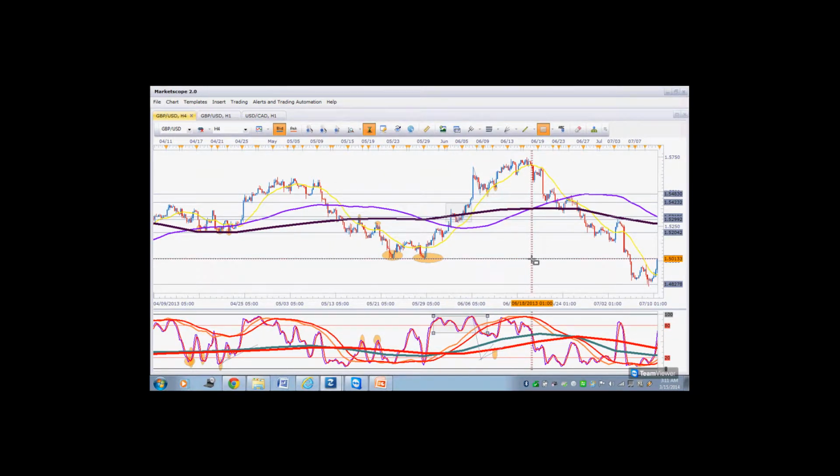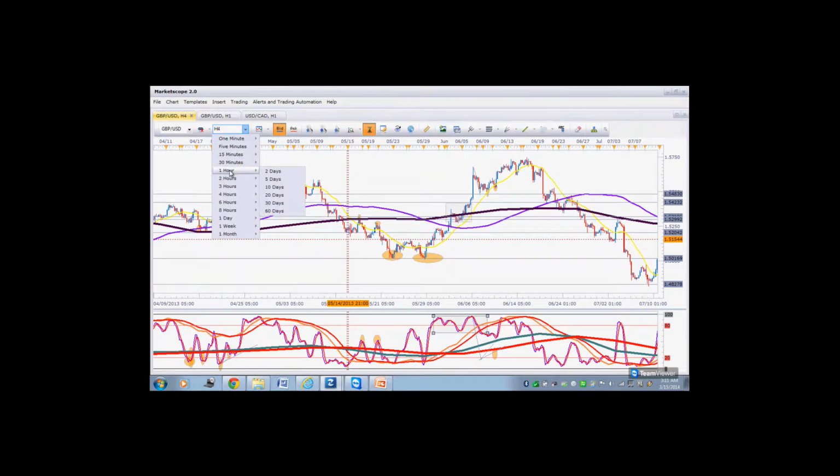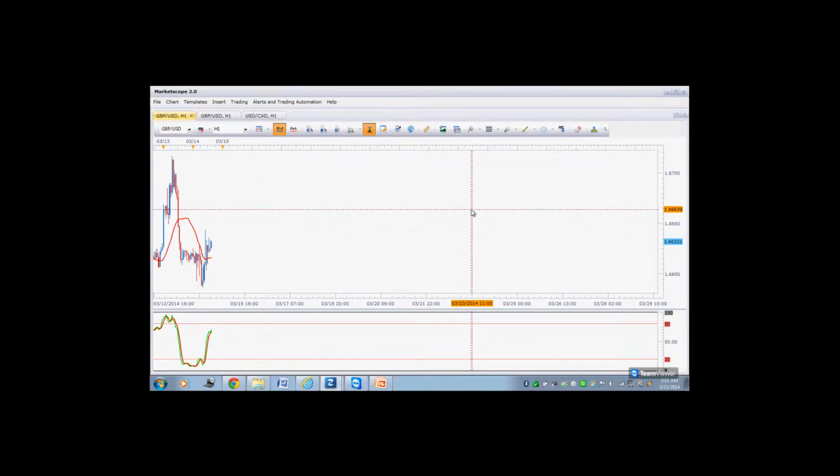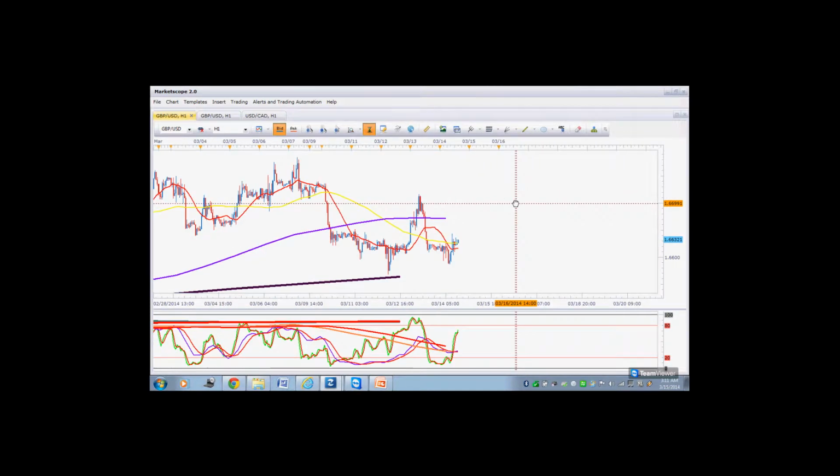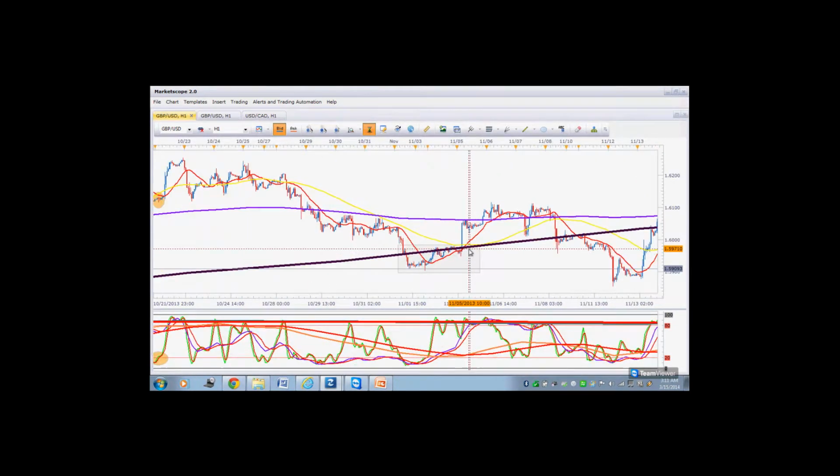We can now zoom in to the 1 hour chart to look for a more specific signal to enter. This was the point wherein price closed above the weekly moving average, and you see here our 4 hour stochastic was hovering near the 80 level.